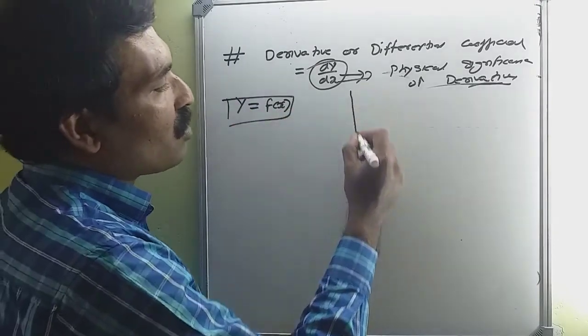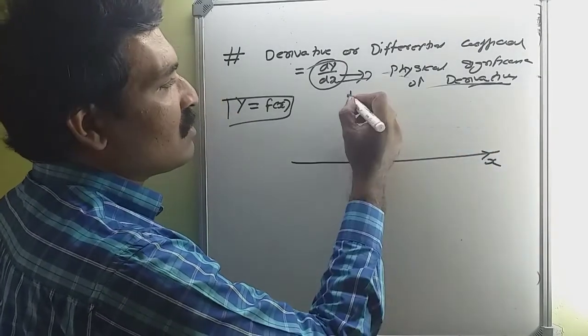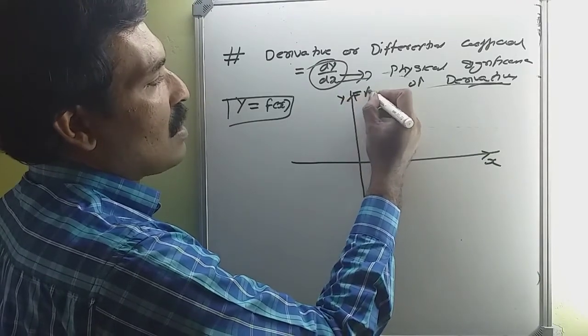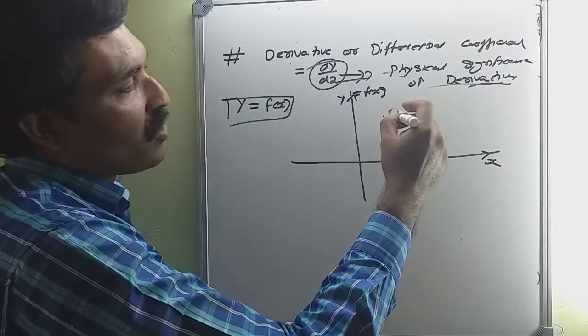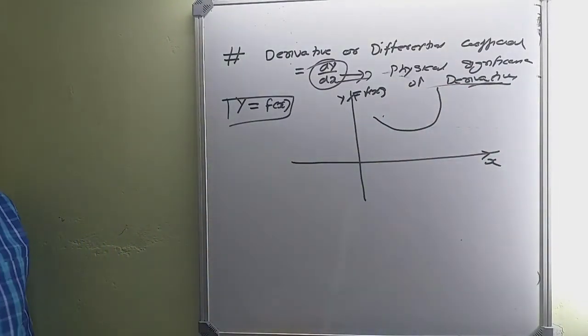I'm going to draw the graph. Let this be the graph of the function, with the X-axis and y-axis, and y is equal to f of x.